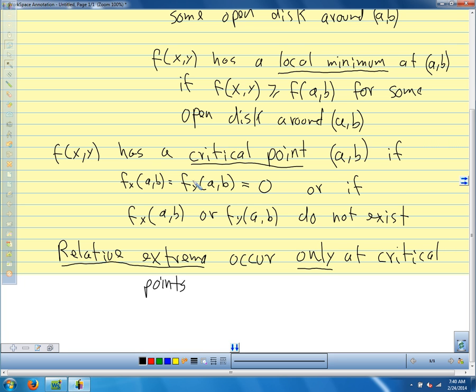The only time we're going to get a horizontal tangent plane is at a critical point of our function. So I just want to make the analogy between single variable and multivariable functions: we look for critical points. The critical points tell us where our relative extrema can occur, and that is also where our tangent plane is going to be horizontal, just like our tangent line would be horizontal at a relative extremum of a single variable function.